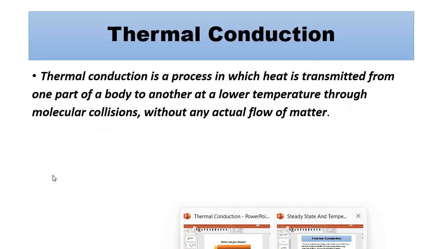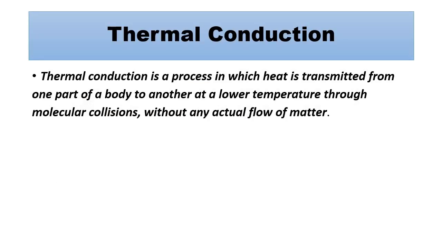Now here there are two parts. Okay, during this entire heating process, we can divide this entire process into two parts. One is the heating which is taking place under variable state, and then the steady state. Okay, so what is variable state and what is steady state?